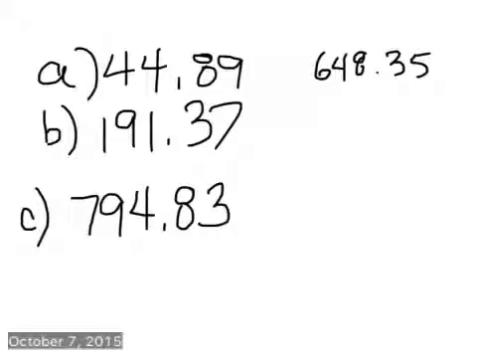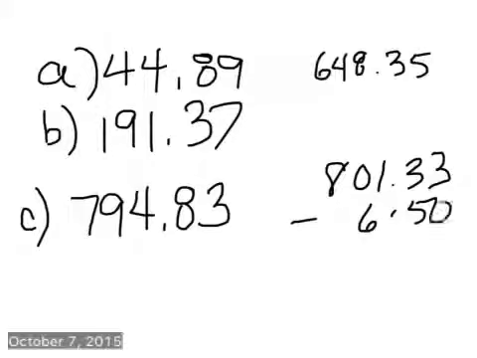Then for Part D, it says, what's the new check register balance? If you look at that chart that we were just referring to, the check register balance was $801.33. He had service charges totaling $6.50, and the interest for this month was 0. So what's $801.33 minus $6.50?